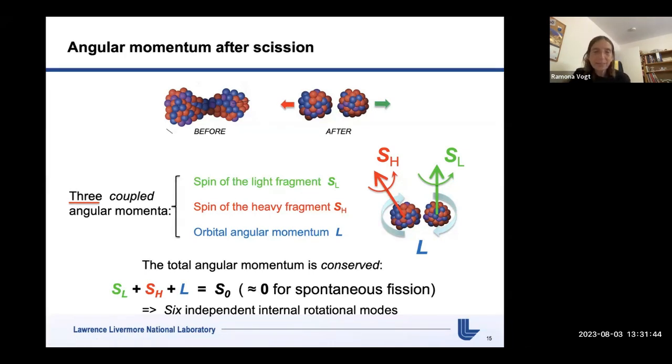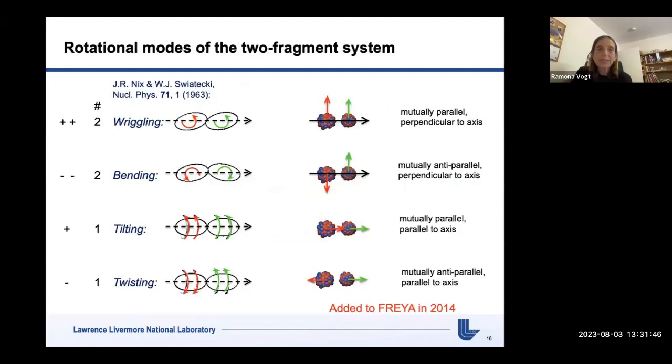And you have these 6 independent internal rotational modes in the wriggling mode. So if the arrow here is along the fission axis, then the wriggling modes are going around it like this.